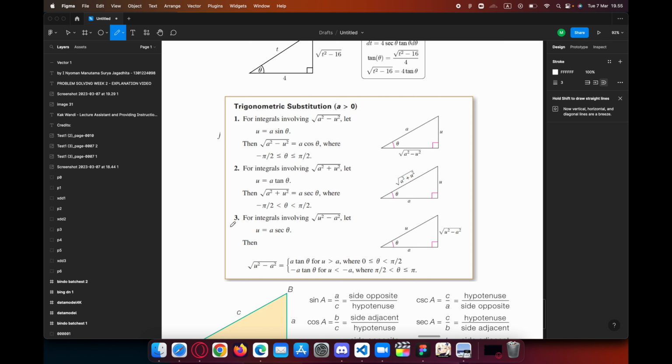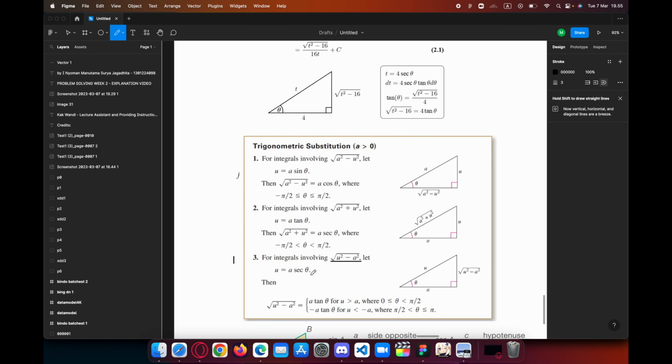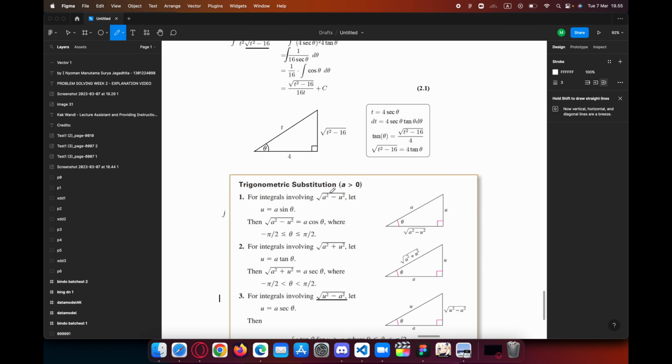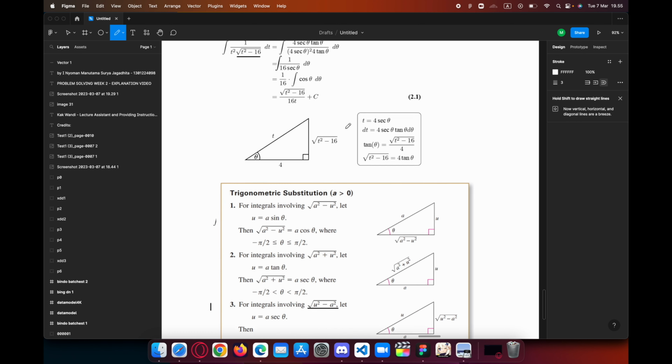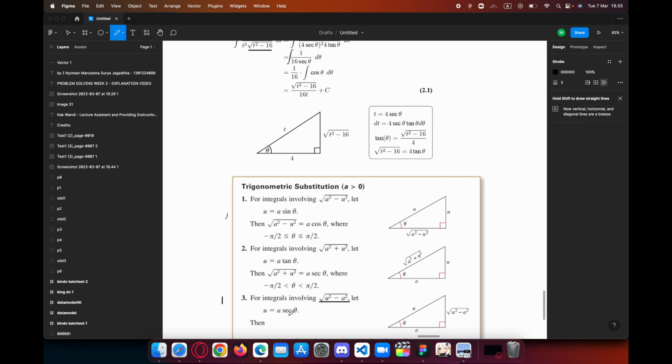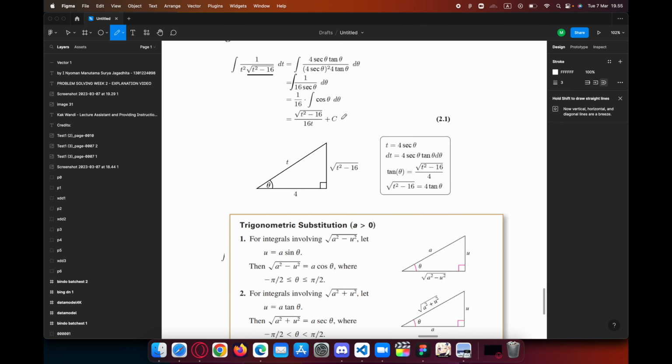So we know the t value, not the constant, this one t is secant, so it's using secant. So we do the substitution, and it will become this one in secant.